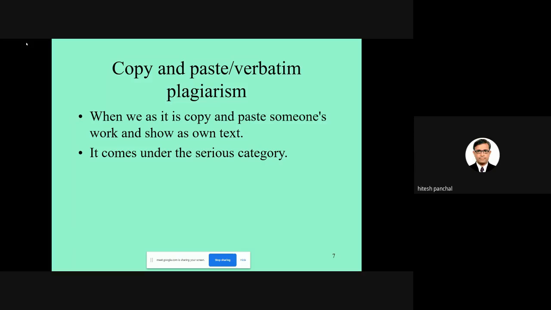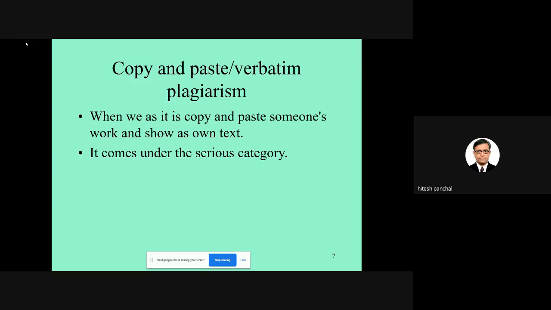For example, if they want to use only 3 or 4 lines, they will simply copy and paste those 3 to 4 lines into the research article and publish the paper.